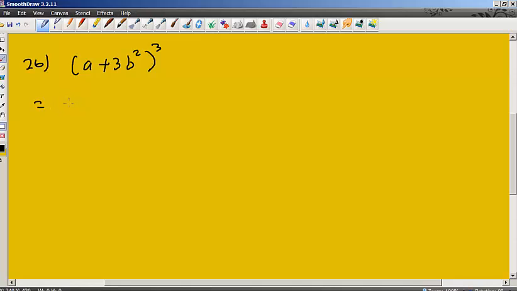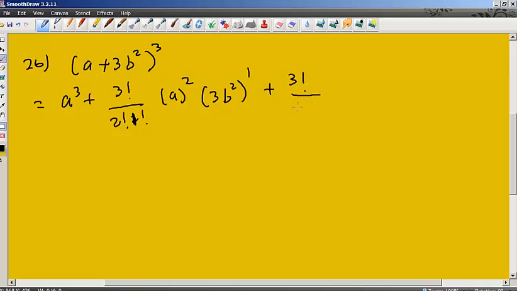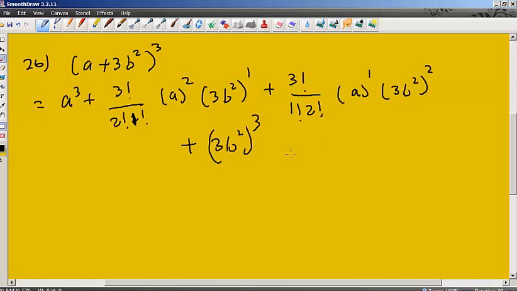Alright, so this is going to start out with a to the third, and then I'm going to have a plus 3 factorial on the top, and then I'm going to have a 2 factorial times 1 factorial, and then a will be to the second, and then I have a 3b to the second will be to the power of 1, plus 3 factorial over 1 factorial times 2 factorial, and then my a will be to the first, and then 3b squared will be to the second, and the last term is going to be 3b squared to the third, and that's done. Piece of cake.